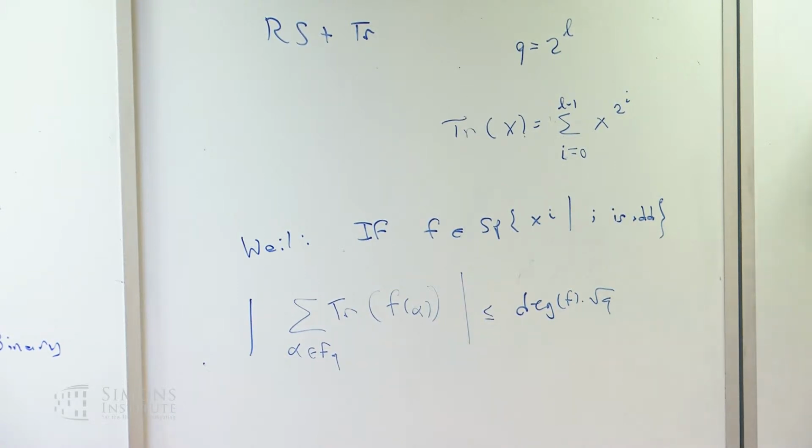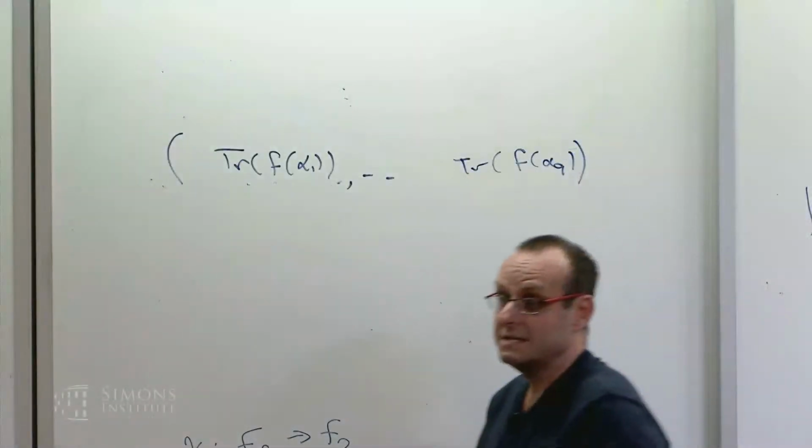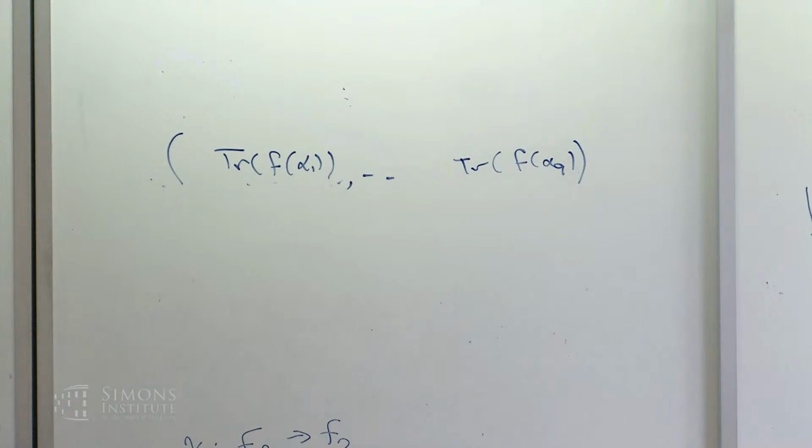So the codeword of f is trace of f(alpha_1) up to trace of f(alpha_q). Then it's exactly the same calculation, and it gives a code with length of order k over epsilon squared.